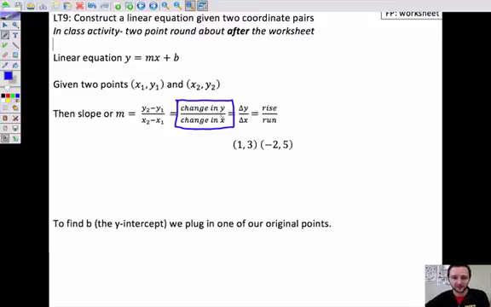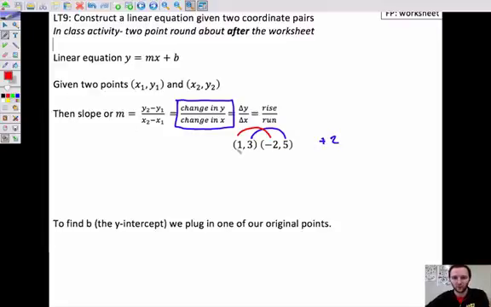So the slope between, say, these 2 points, (1, 3) and (-2, 5), we're really looking at the change in y, which would be these coordinates, over the change in x, which would be those coordinates. Okay? And from 3 to 5, we can see that the change in y is +2.